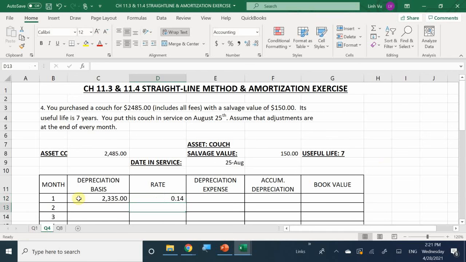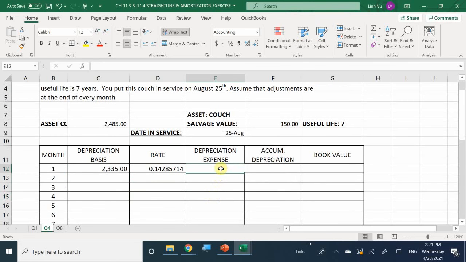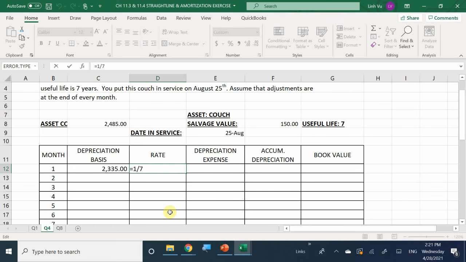So that gives you 0.1428, like that. It's not a nice number, so I recommend you utilize your equal round. I've done this many times. You will be off a penny if you do not use your equal round. For the rate, I just typed in 1 divided by 7.